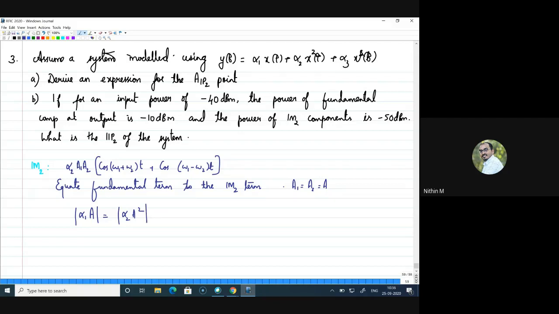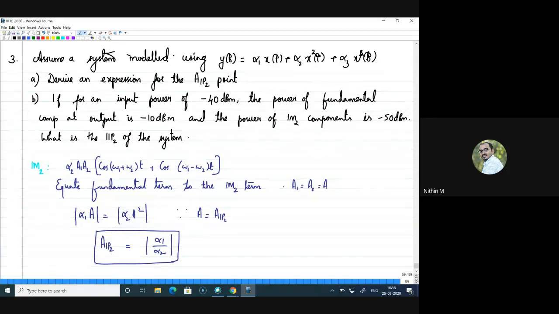When these two are equal, that particular amplitude is nothing but AIP2. So AIP2 can be written as alpha 1 by alpha 2. This is the derivation, or how to arrive at the value for AIP2.